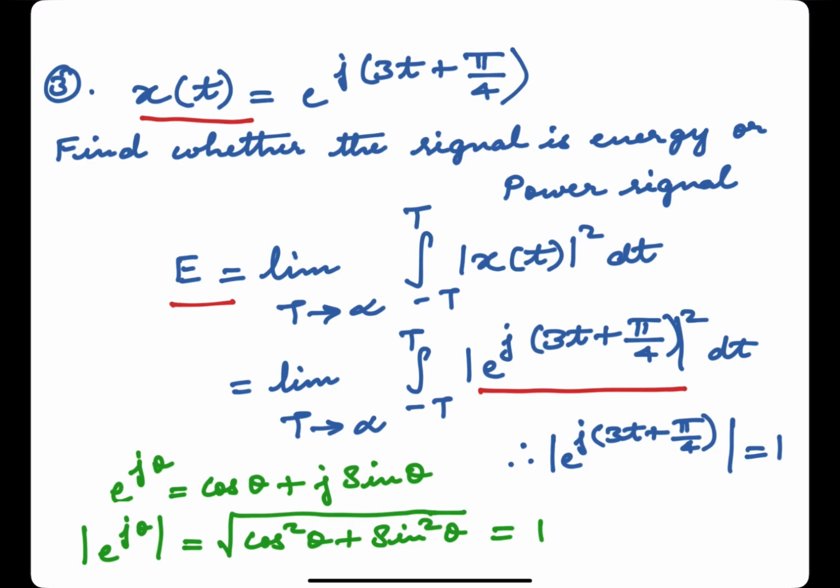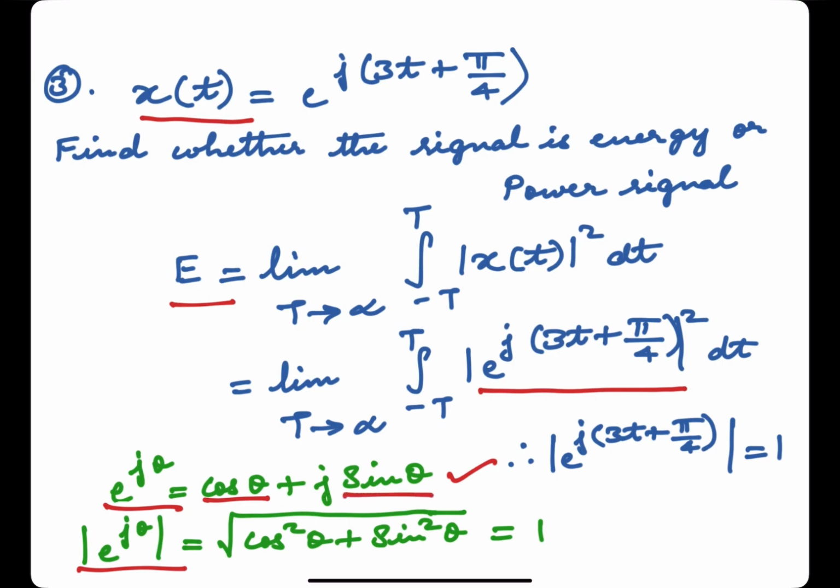Before simplifying this, we need to first understand how e power j theta can be represented. e power j theta can be represented as cos theta plus j sin theta. If we take the mod of e power j theta, it is the real part squared plus the imaginary part squared, where cos theta is the real part and sin theta is the imaginary part.